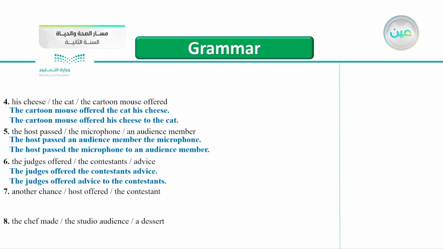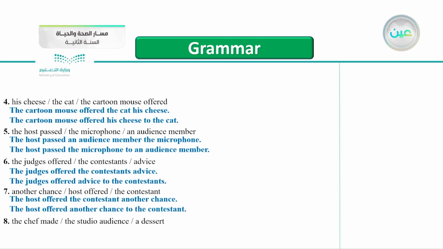Very good. The judges offered the contestant advice. The judges offered advice to the contestants. Another chance, host offered the contestant. This is number 7. Very good. The host offered the contestant another chance. The host offered another chance to the contestant. It's similar to number 6.